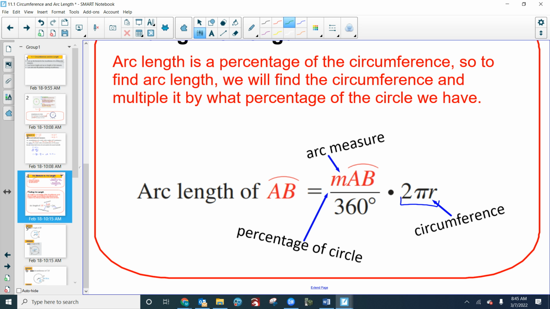arc length. Okay, I think we're visual. Most of us are visual. Let me draw it for you. All right, here is a 90-degree angle. What is the measure of the arc in degrees? Right. What is the measure of that arc in degrees?